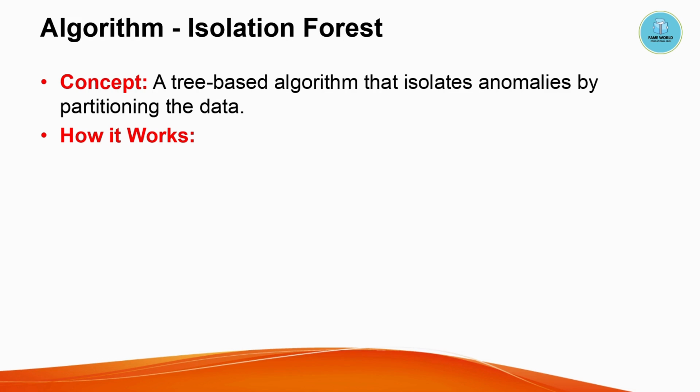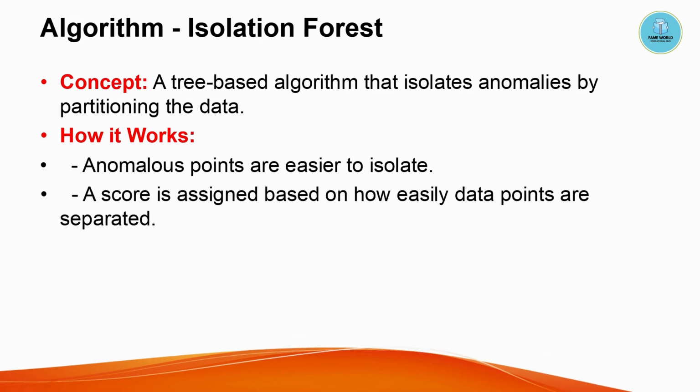It works by randomly selecting features and splitting the data recursively, with anomalies being easier to isolate in a decision tree structure. The algorithm assigns a score to each transaction based on how easily it can be isolated. If a transaction is difficult to isolate, it's likely normal. If it can be isolated quickly, it's flagged as an anomaly.